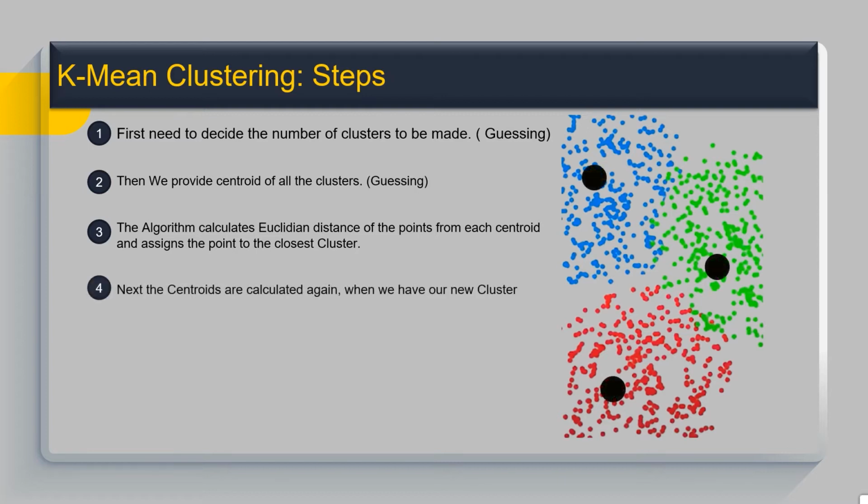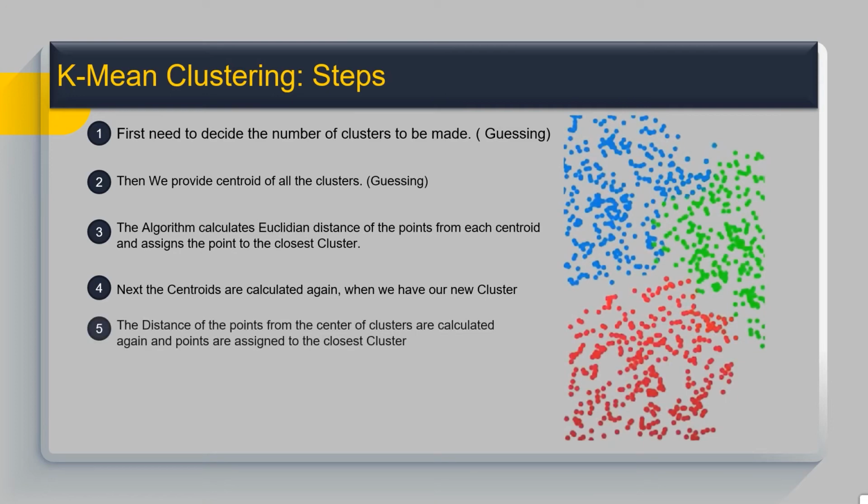So next, when the center is calculated, again we have a new cluster for each data point. Again, the distance from the points to the new centroids is calculated, and then again the points are assigned to the closest cluster.